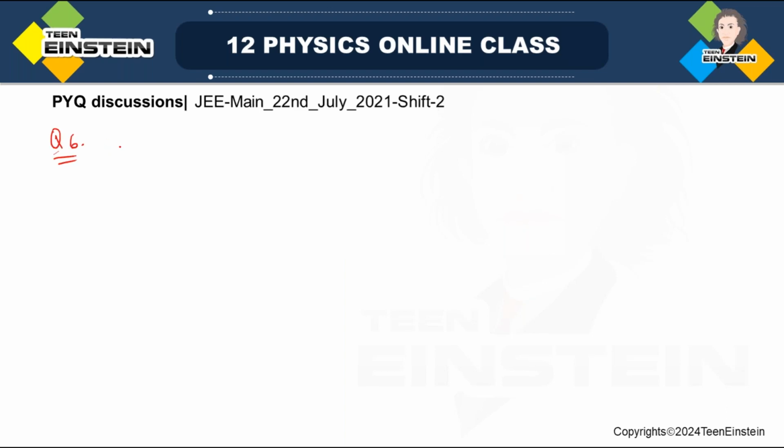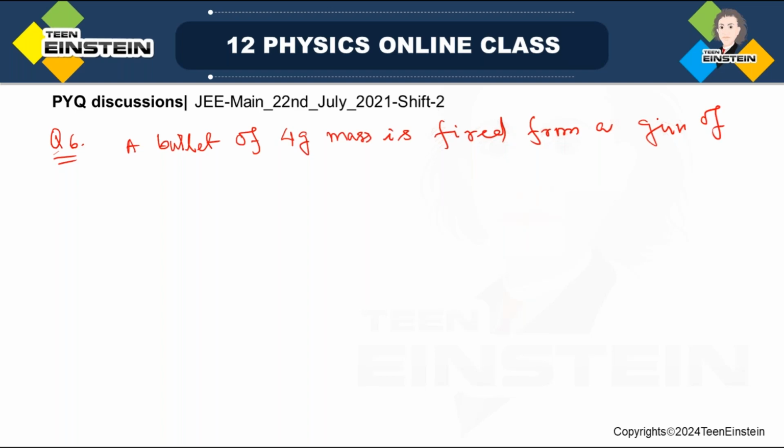This question says a bullet of mass 4 gram is fired from a gun of 4 kg.